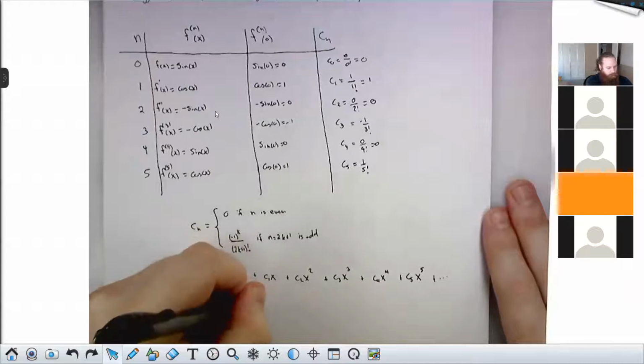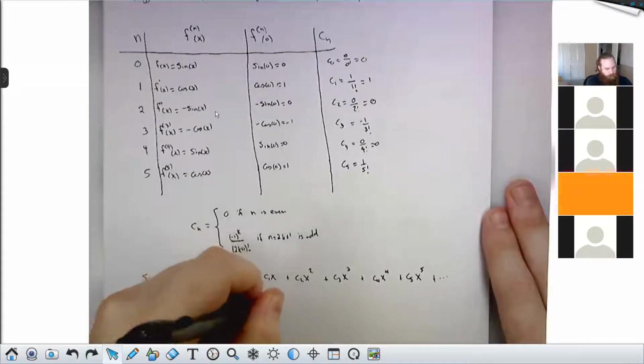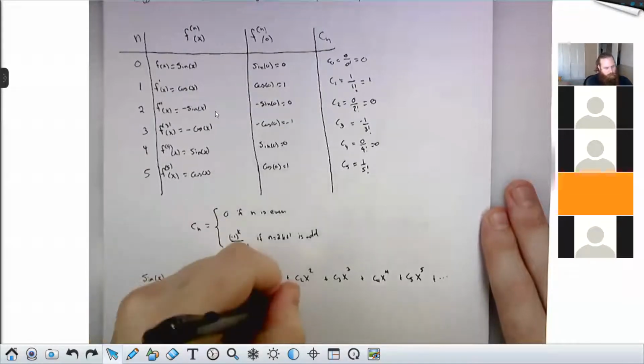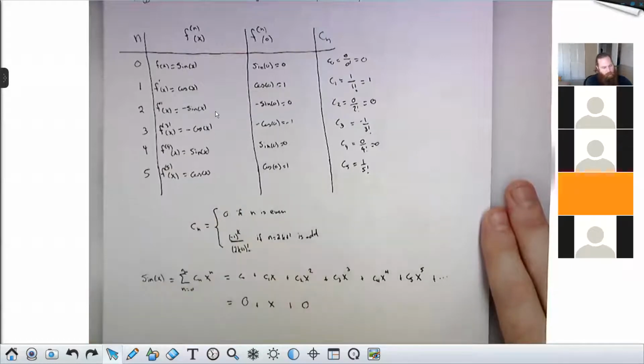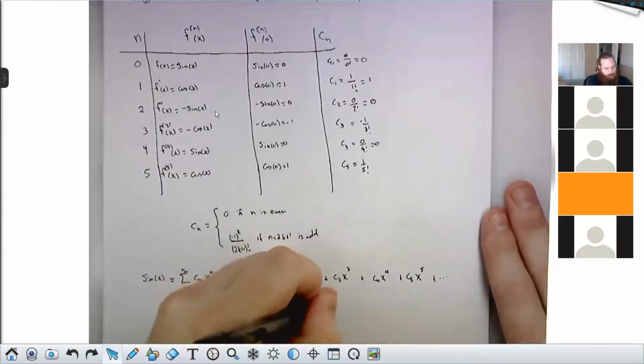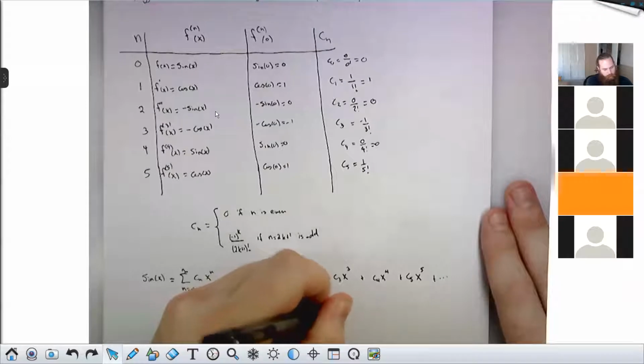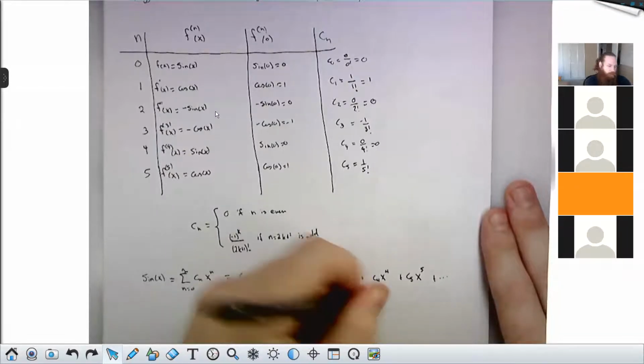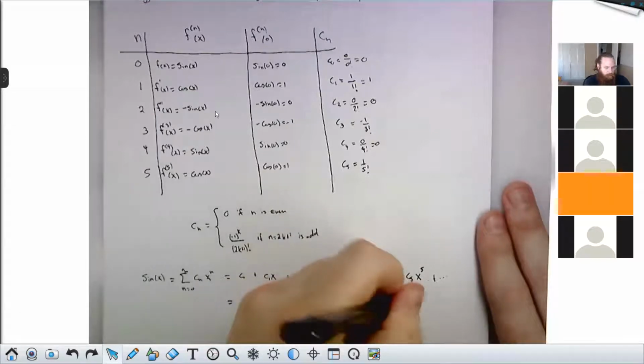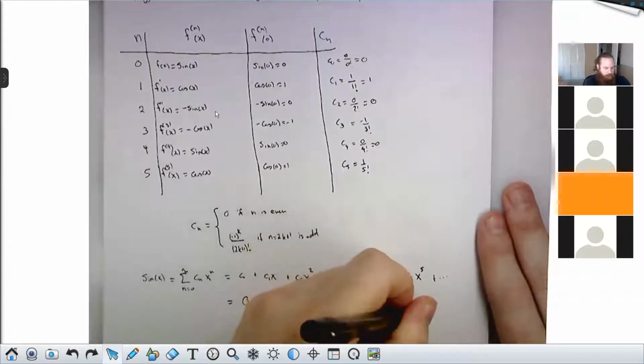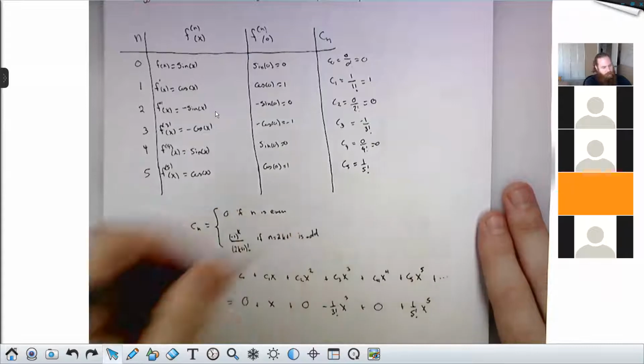C0 is 0, plus C1 is 1, so that's just x, plus C2 is 0, plus C3 is minus 1 over 3 factorial x cubed, plus C4 is 0, and then C5 plus 1 over 5 factorial x to the 5.